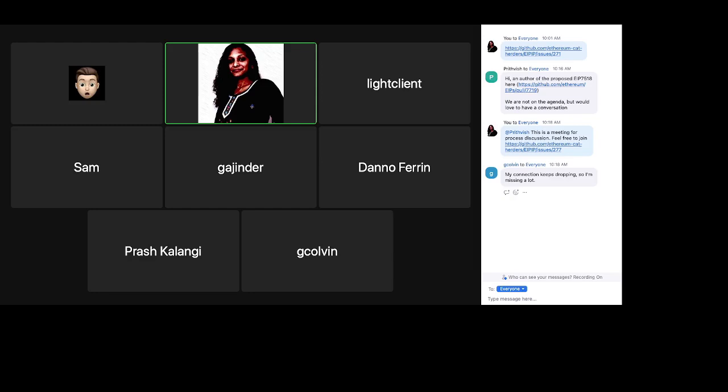The next one is from the past meeting. The item for discussion was considering adopting a community specification license term for the new ERC repo.